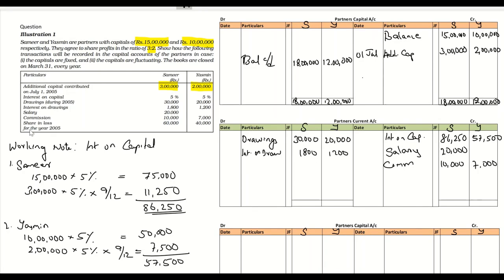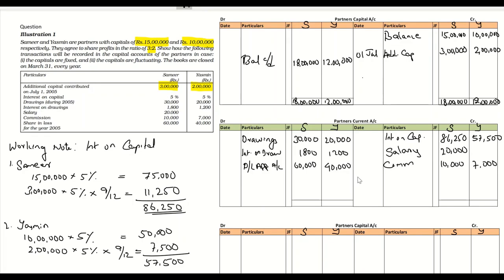Then again, share in loss for the year 2005. Now if there is a loss, partner's current account has to be decreased, so it will be on the debit side. So P&L appropriation account, which will be 60,000 and 40,000.